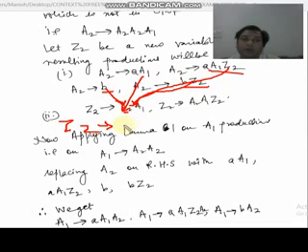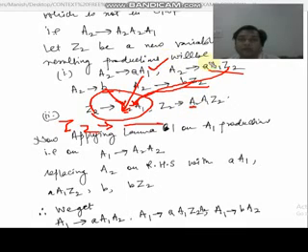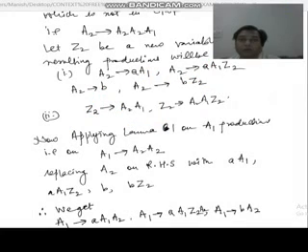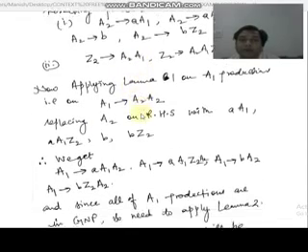So this is how we'll get the 4 Z2 productions with this one, and again replacing this A2 with the same A2 productions, we'll again get new Z2 productions. So this is how we'll get 8 new Z2 productions which will be in the GNF form.